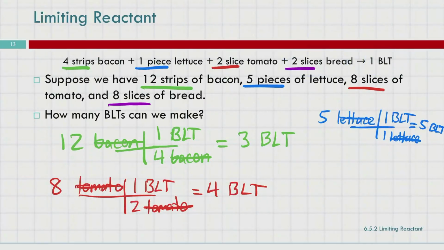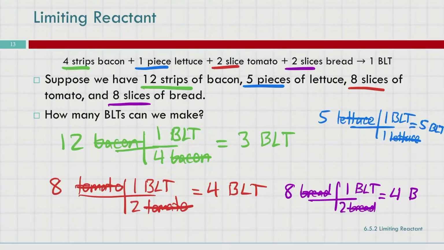That's our conversion, our ratio. So 8 bread divided by not 4, but 2. We need 2 slices of bread to make a sandwich. And that sandwich is a BLT. So we could make 4 BLTs.